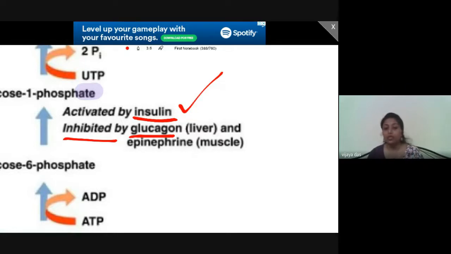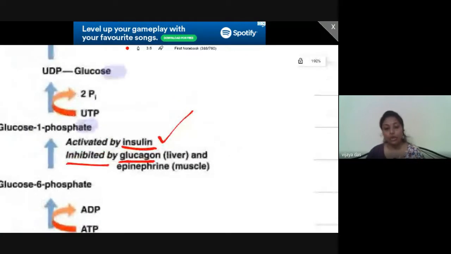You don't want to make glycogen, which means in the presence of glucagon there will be no glycogen synthesis, there will be glycogen breakdown. So glucagon is going to inhibit the process of glycogenesis, whereas insulin is going to activate the process of glycogenesis.